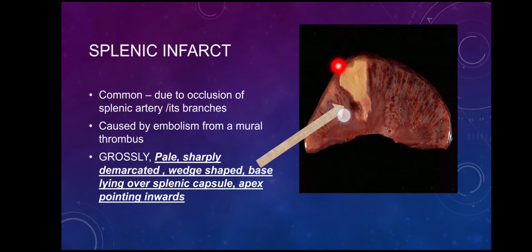So this is a gross of splenic infarct in which we see a well demarcated and well defined wedge shaped area of white infarct, and the base of this infarct is towards the capsule while the apex is pointing inwards. So this is how you have to explain this specimen whenever it is asked to you. And surrounding it is the normal splenic tissue.